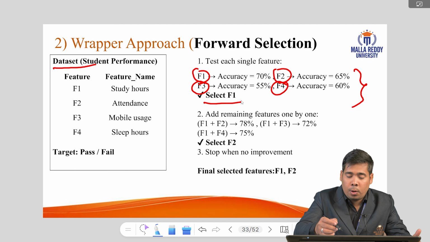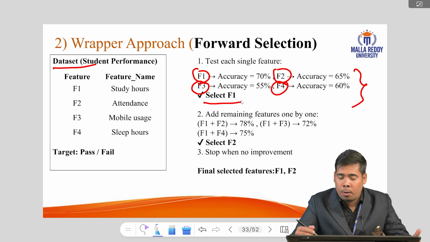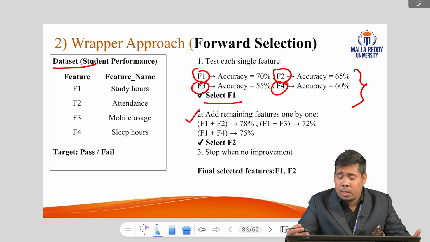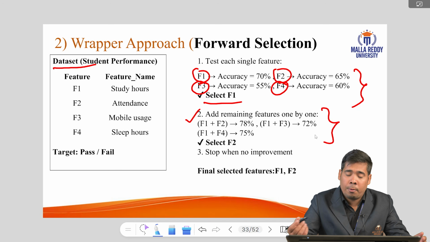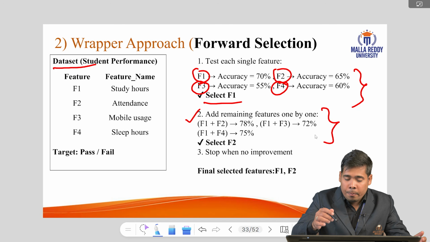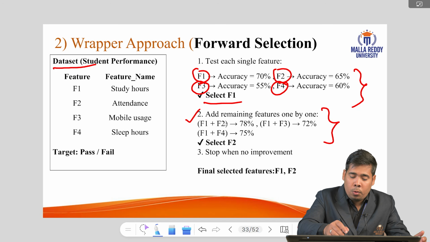We can clearly see that feature 1 gives 70% accuracy, the highest among these 4. So we'll select feature 1 and add it to our subset. The next step is to add the remaining features one by one: we'll combine F1 with F2, F1 with F3, and F1 with F4, and again evaluate the performance of the model. As you can see, F1 plus F2 gives 78% accuracy, F1 and F3 gives 72%, whereas F1 and F4 gives 75%. So we'll select feature 2. Why?